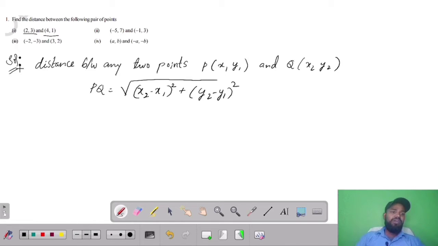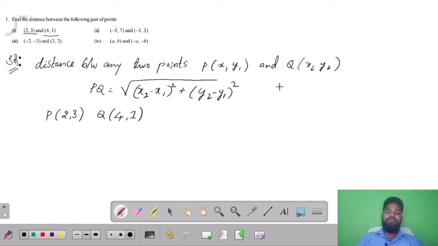For the first question, let us consider P as 2 comma 3 and Q as 4 comma 1. Compare this with P of x1 comma y1 and Q of x2 comma y2.